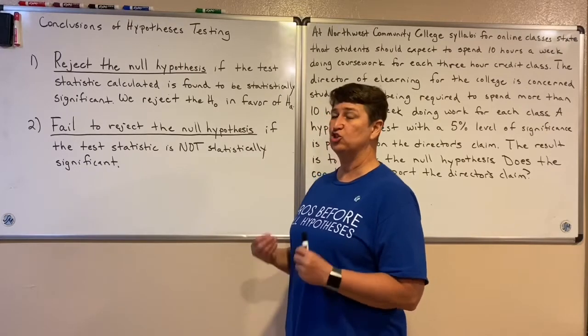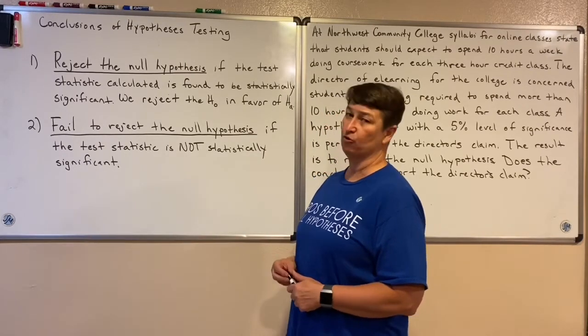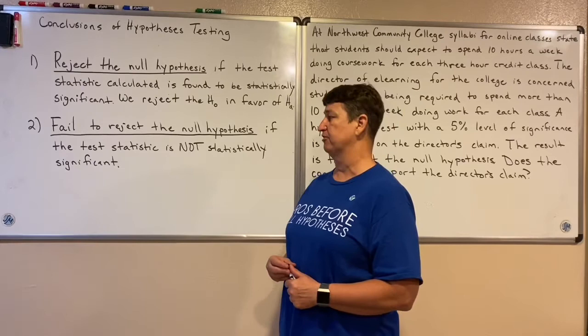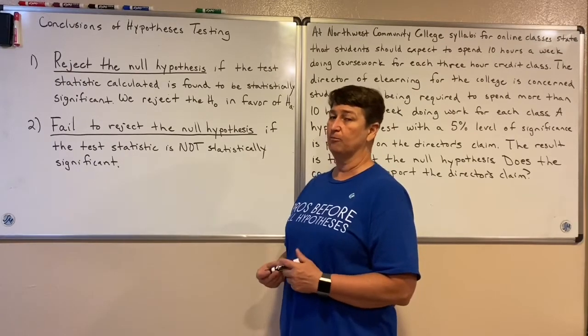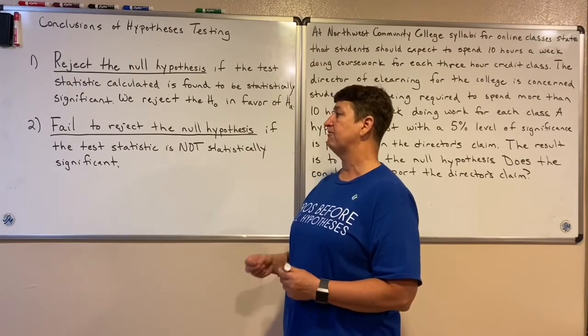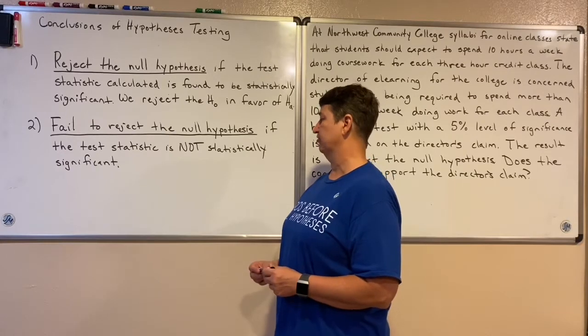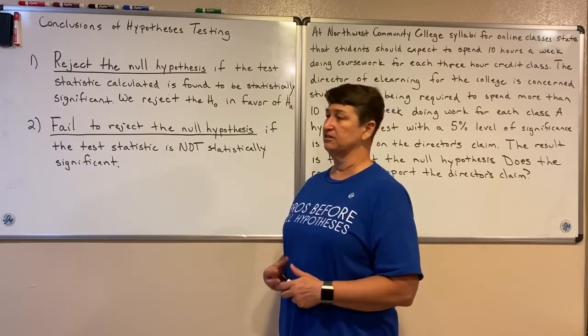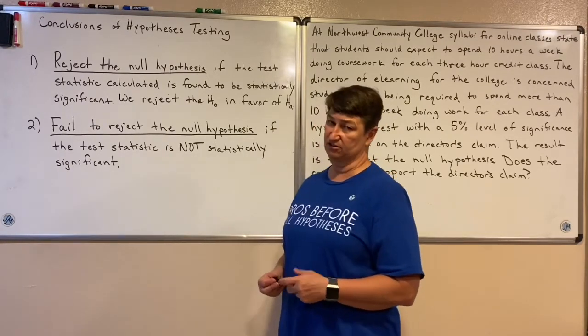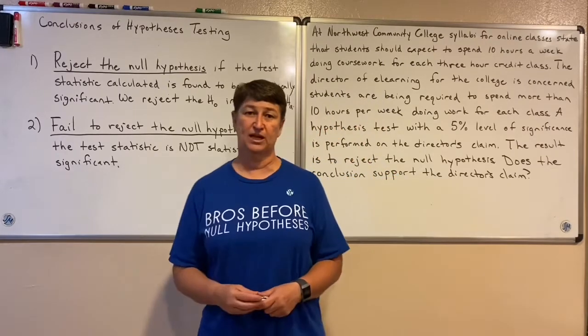Then we reject the null in favor of the alternative hypothesis. Our second thing that can happen is that we can fail to reject the null hypothesis if our test statistic is not statistically significant. So let me explain a little bit.